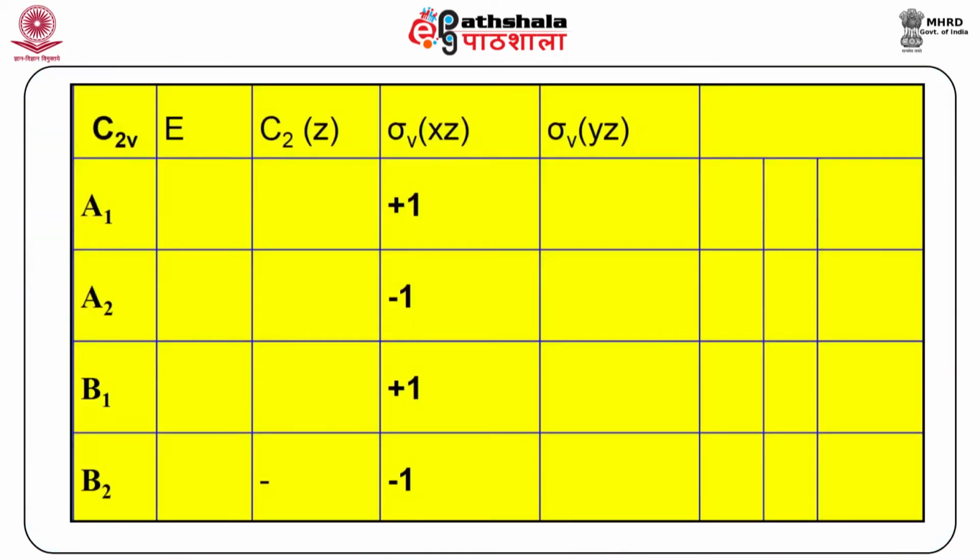As given over here, for A1 and A2 we look at sigma v(xz), and for B1 and B2 we look again at sigma v(yz). That is, in this we have plus and plus, minus 1 and minus 1. For A2 or B2, it is antisymmetric with respect to sigma v.